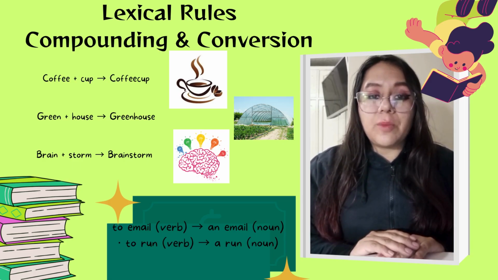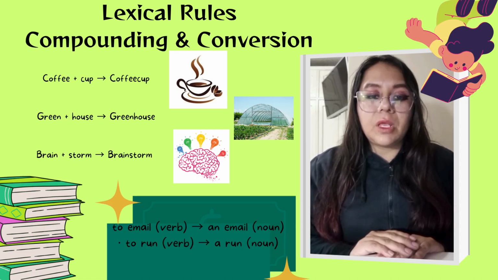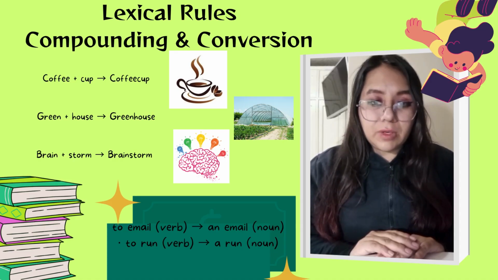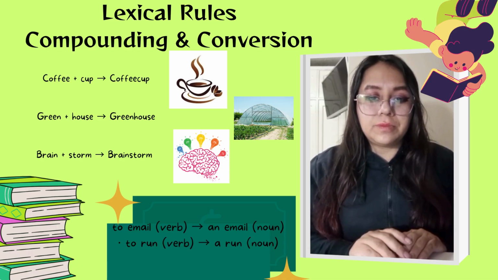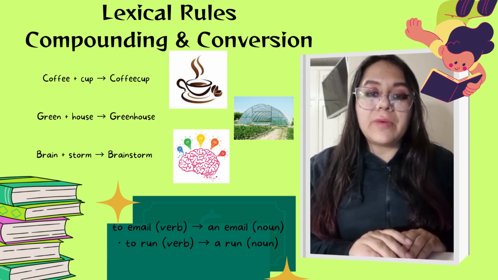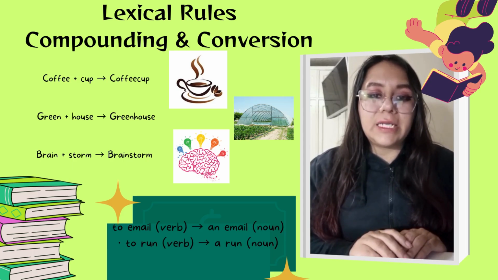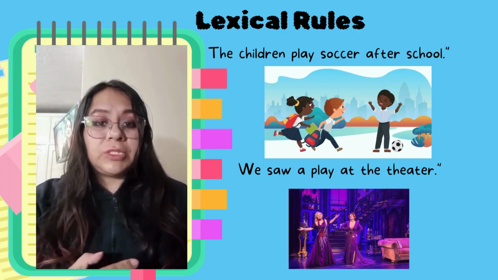The other rule is conversion, changing the part of speech of a word without changing its form. For example, to email is a verb, an email is a noun. To round is a verb, a round is a noun.